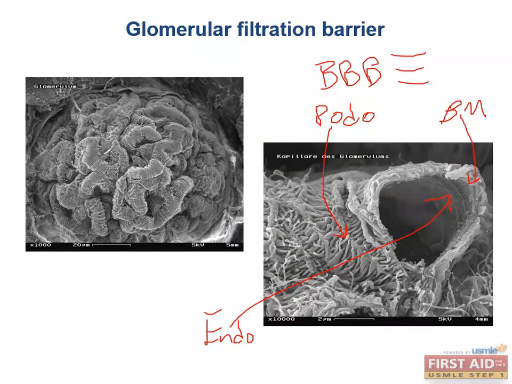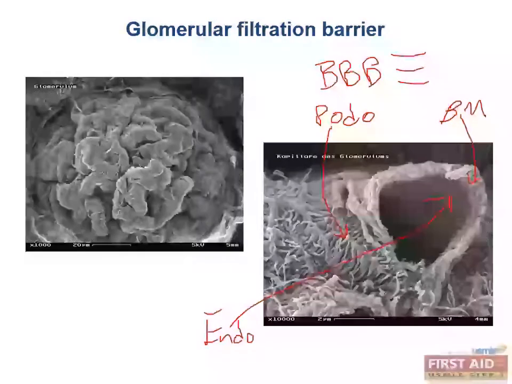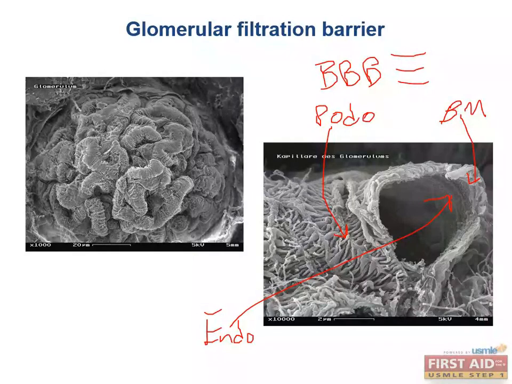Normally, only small solutes are freely filtered through the glomerulus. What are some of these solutes that are freely filtered, you might ask? There are things like amino acids, glucose, and electrolytes. Hey, wait a minute. Aren't these solutes that we want to keep in the body? Why, yes they are.